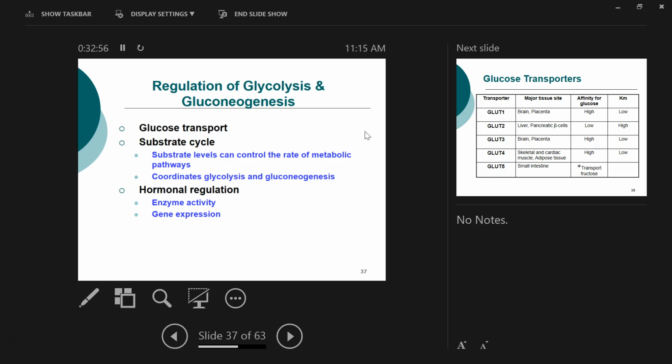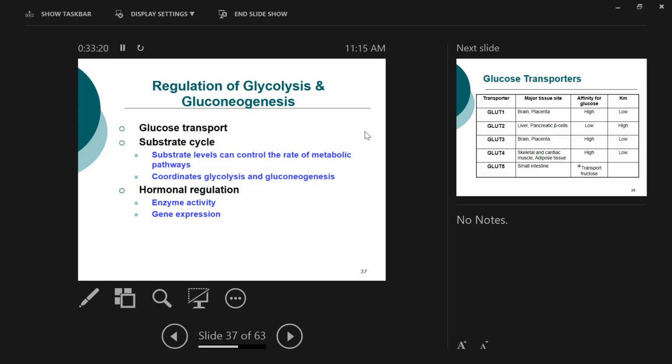Which pathway is activated or deactivated depends on the physiologic condition, whether under the fed condition or fasting. We want only one of these pathways to be active, and we don't want the other active because they have opposite functions. Does that make sense?